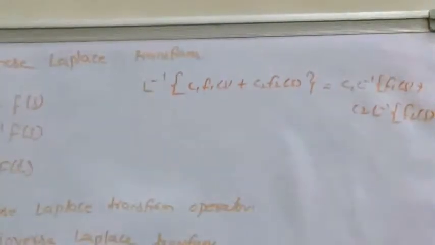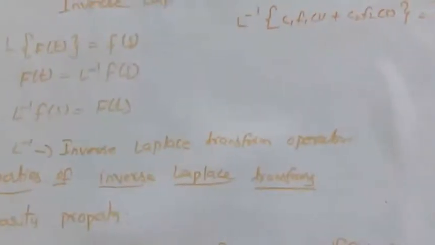Hence we have proved the linearity property of inverse Laplace transform. Next we are going to learn about the change of scale property. Today we will continue with the change of scale property.